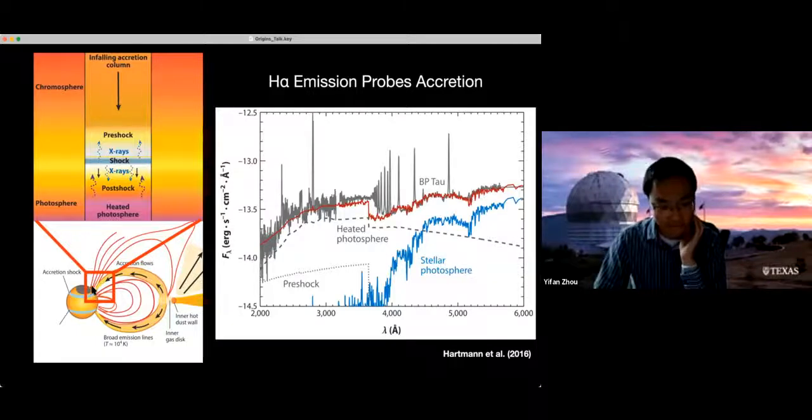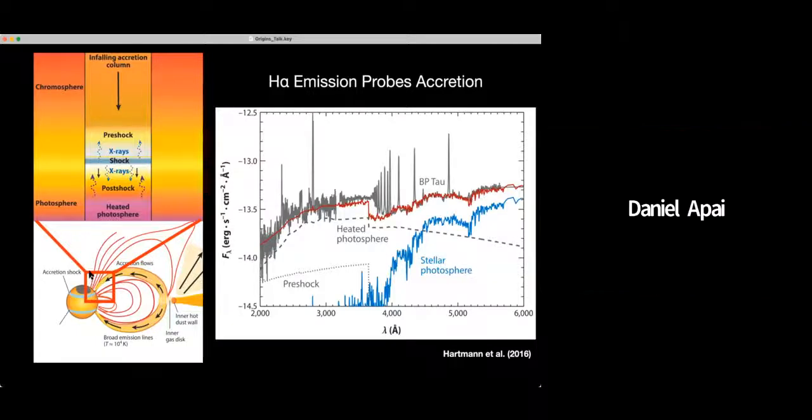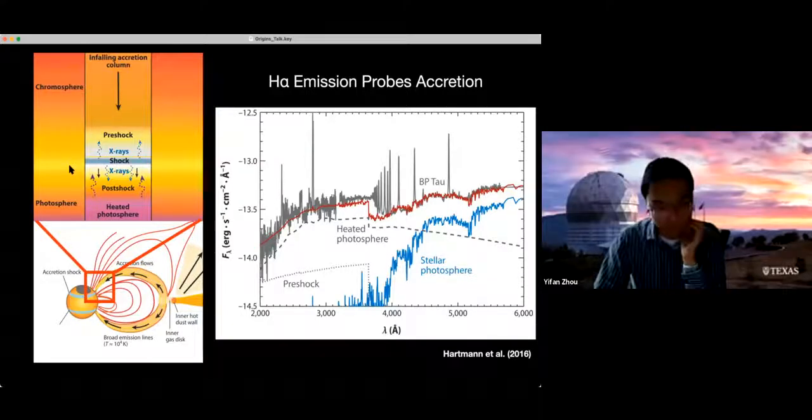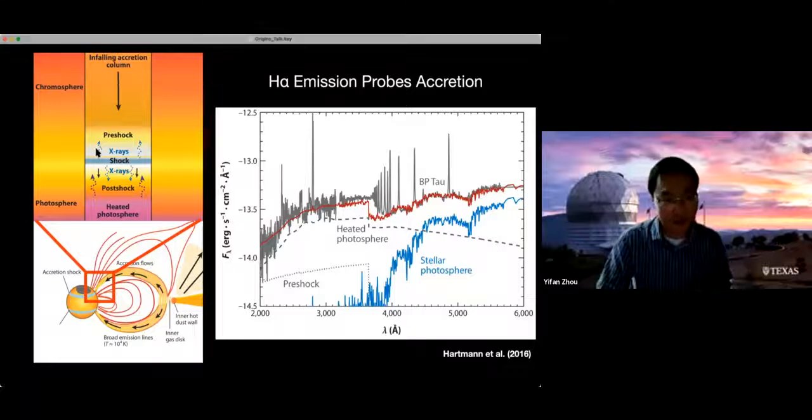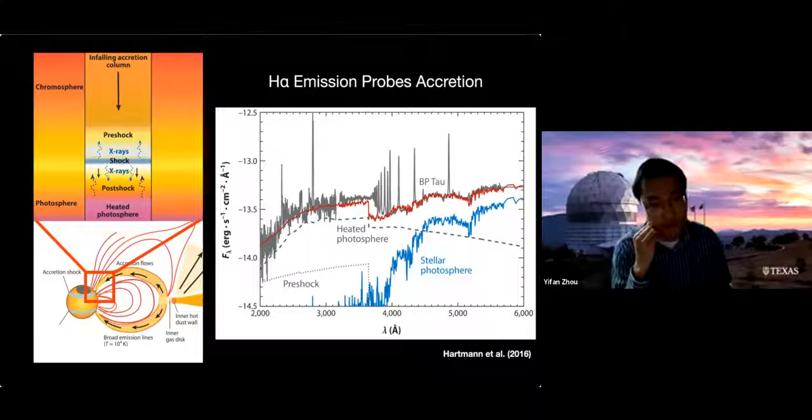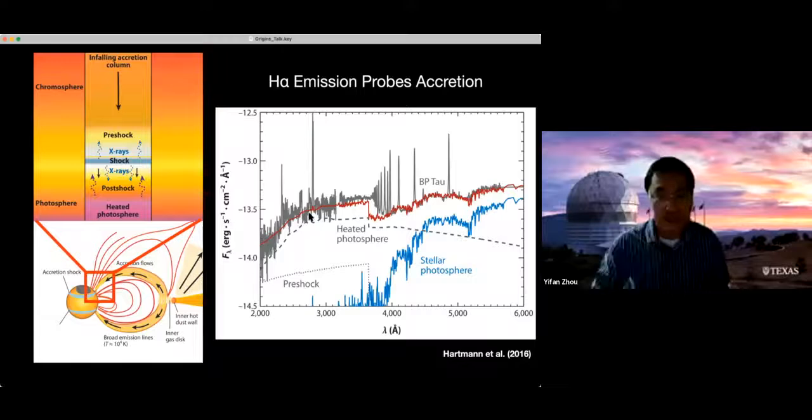That heat is so high that it can ionize the hydrogen atoms at the accretion front. The flux at the accretion front can heat both the pre-shock and the post-shock region here. That creates the most noticeable feature that we see from accreting stars, which is the elevated continuum emission.